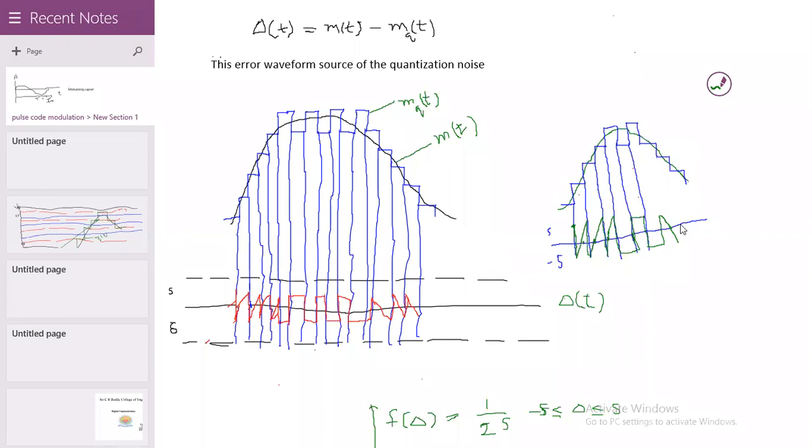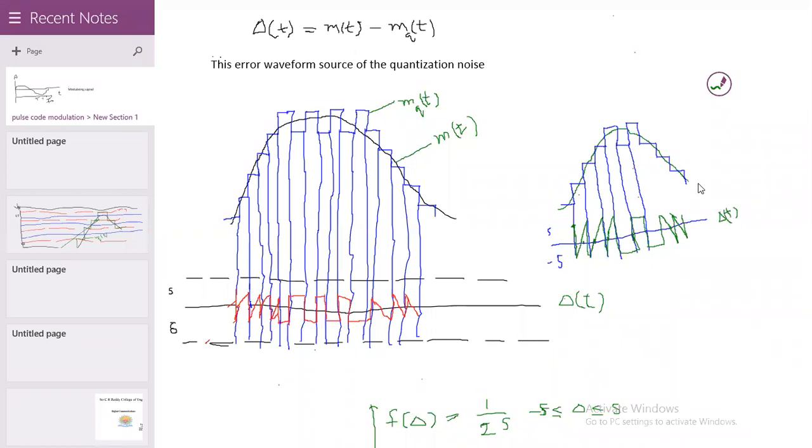Okay. So here we can draw like this. Again here we can draw the error signal like this. This is delta of t. This is an error signal.